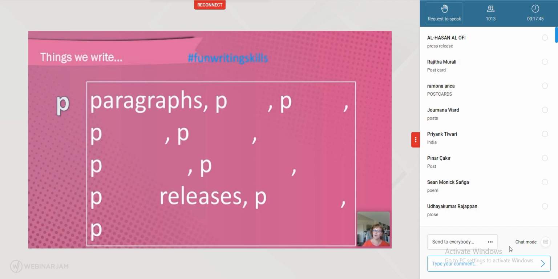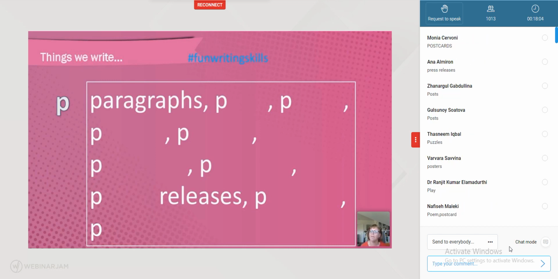What do you think, Porto? I've given you paragraphs and I've given you 9 more P's for you to think of 9 other kinds of things that students write. So let's see if we can get those 9 things.